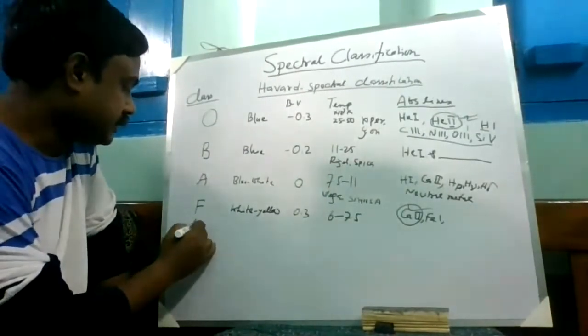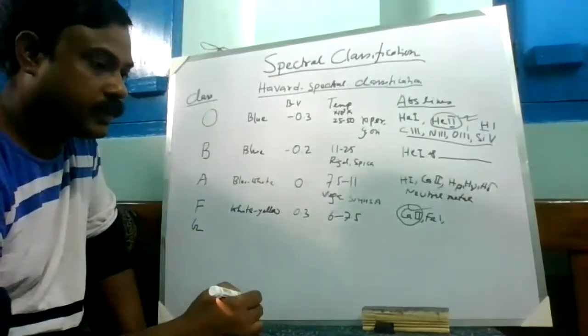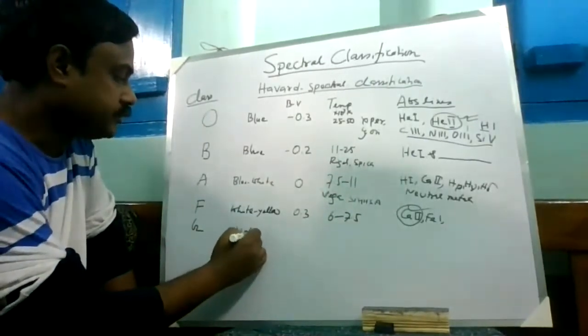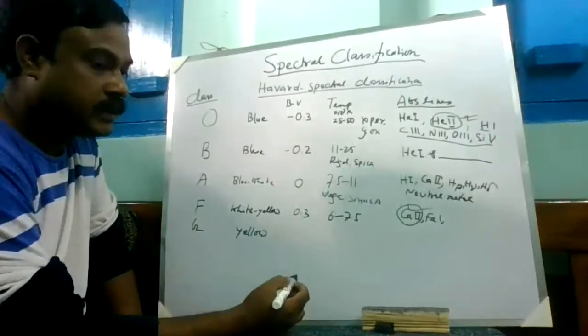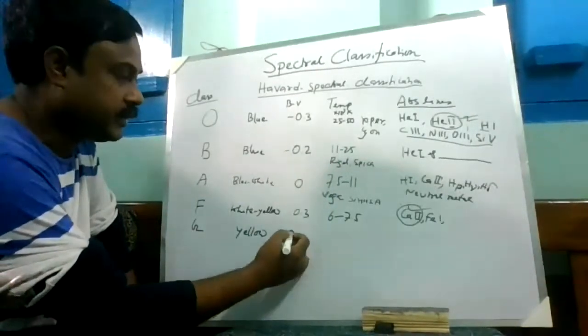The spectral classification is G. Its color is yellow. Color index is 0.7.